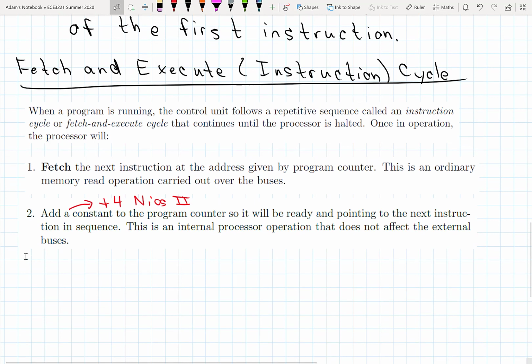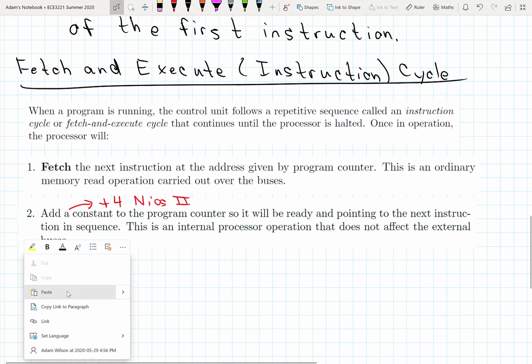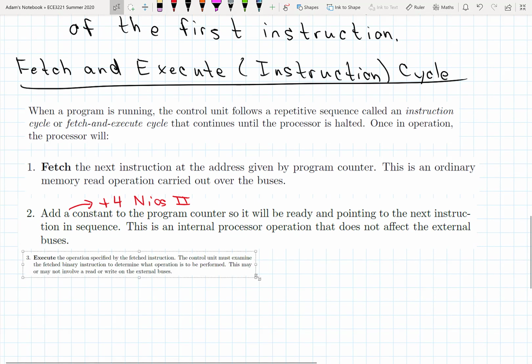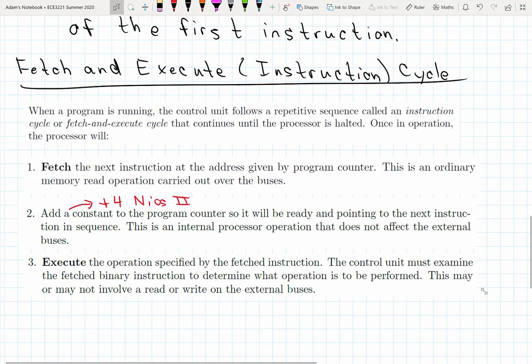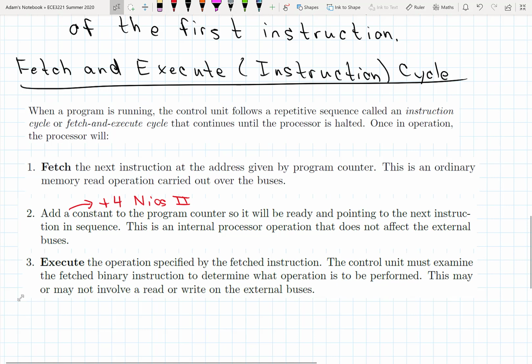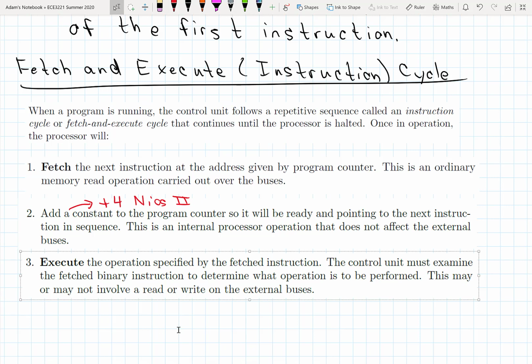Okay, and then finally, now we actually execute the instruction. So whatever that instruction might be, it's completely under the control of the software developer. That instruction will be executed by the processor.